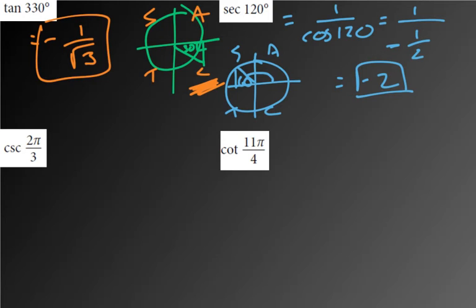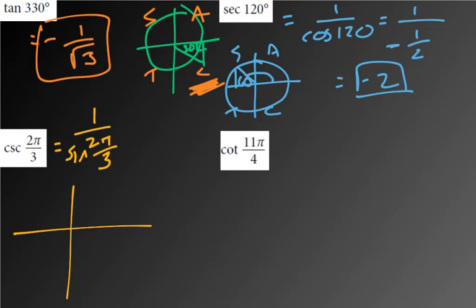Cosecant, basically just do 1 over sine of 2 pi over 3. And 2 pi over 3 is actually also 120. So this is 2 pi over 3, and it leaves me with another pi over 3 to get to 3 pi over 3, or pi. And for sine, you're just going to go the other direction.